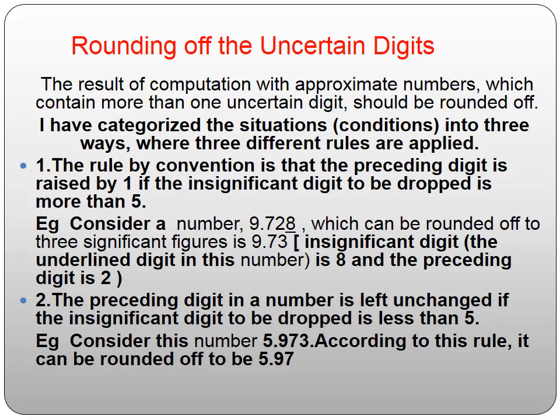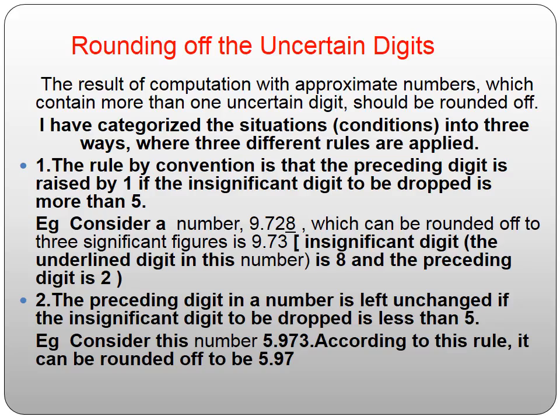First one, the rule by convention is that the preceding digit is raised by 1 if the insignificant digit to be dropped is more than 5. What is the meaning of the preceding digit? It is the digit just before.